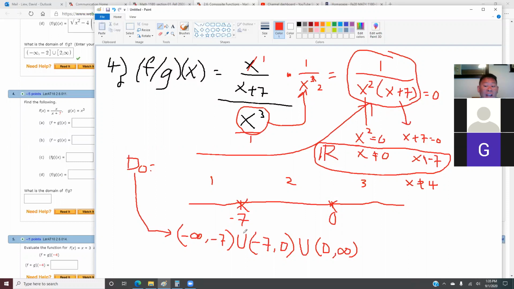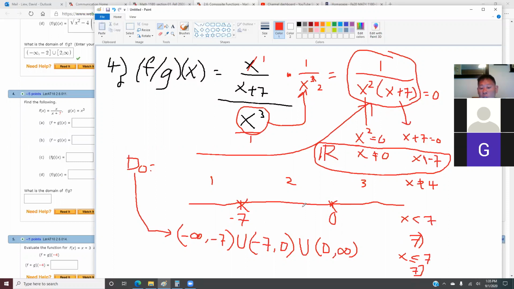What's the difference between parentheses and brackets? Parentheses mean we do not include that. Brackets mean we include it. So when you have x less than 7, that means 7 is not included, so we use parentheses. When you have x less than or equal to 7, 7 is included, so we use a bracket.